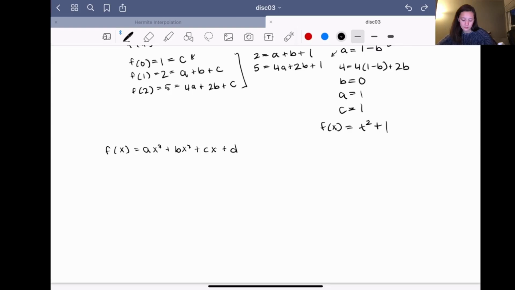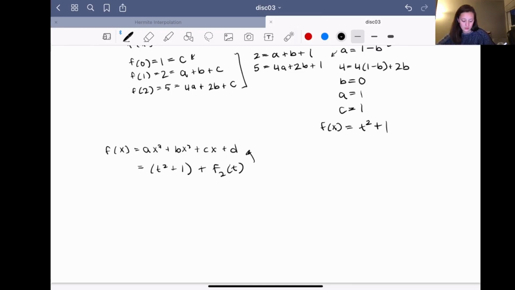So we know that this can actually take the form of our previous solution plus another polynomial, where the second polynomial will be a cubic one. Okay, so our second polynomial will actually be of this form.